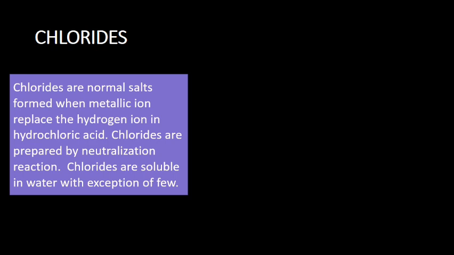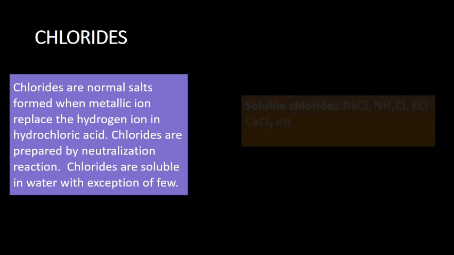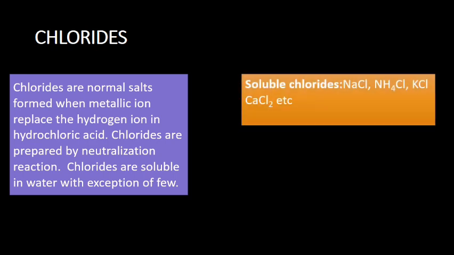Now, chlorides can be soluble or insoluble. It depends on their nature in water. So we have the soluble chlorides and we have the insoluble chlorides. Soluble chlorides include sodium chloride, ammonium chloride, potassium chloride, calcium chloride.